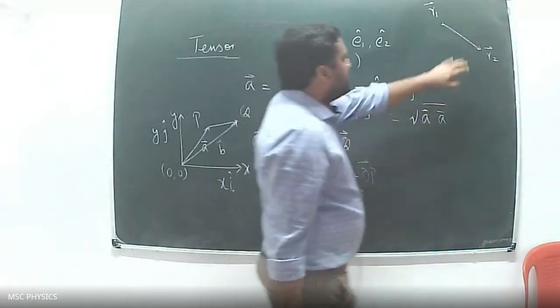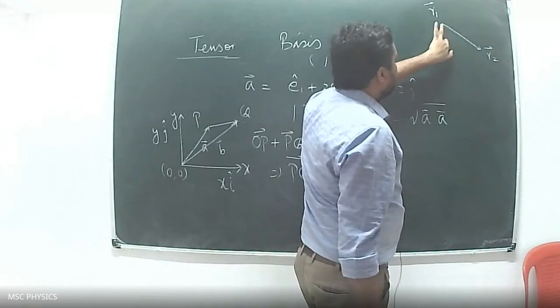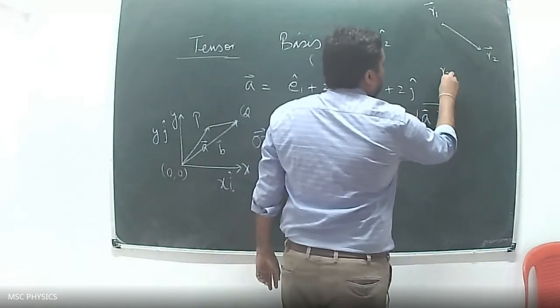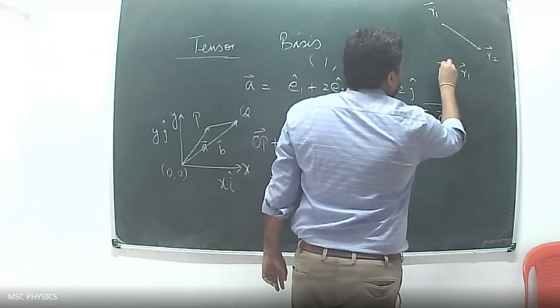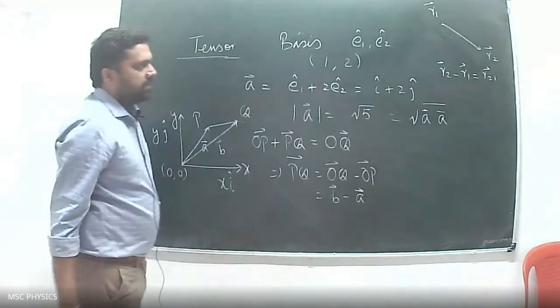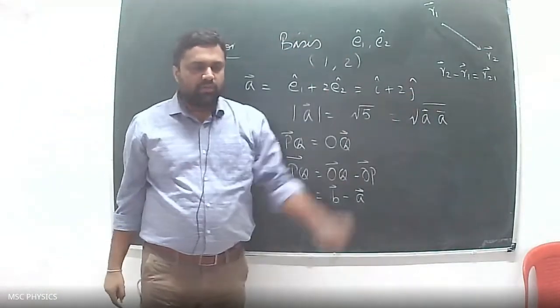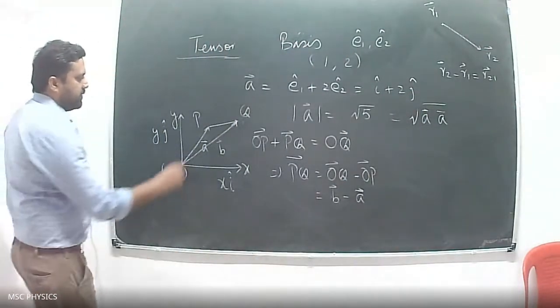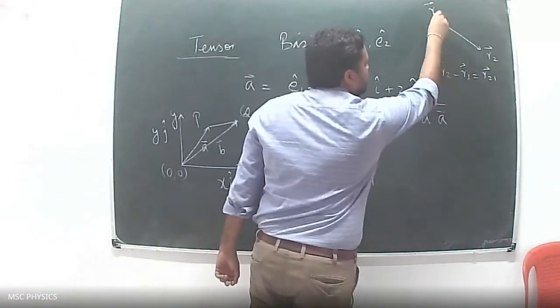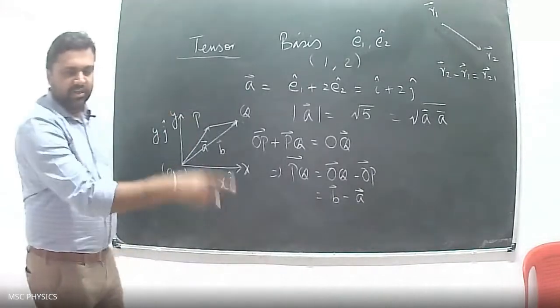If this is applying a force R2 on this, then R2 minus R1 will be, let's say, R21. So what does it mean? That your vector is pointing from R1 to R2, right? From this to this. So here, this minus this. So your direction of vector is from R1 to R2.